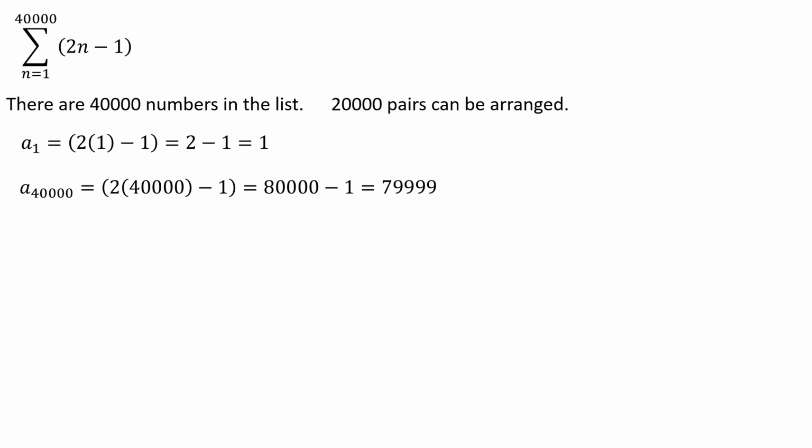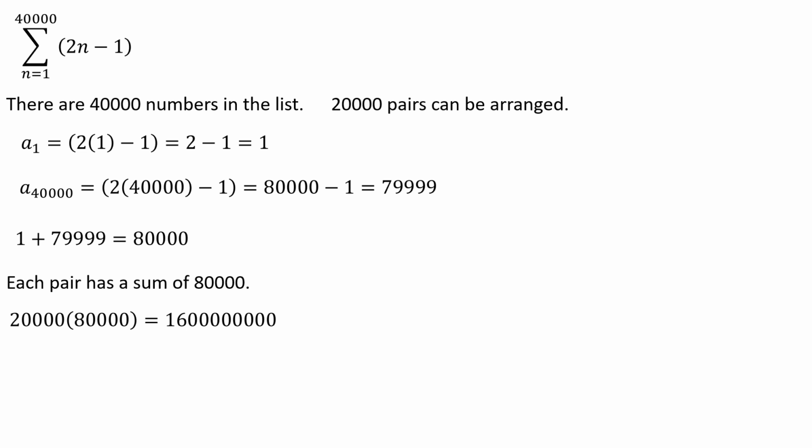So I know that each pair is going to add up to 80,000. All right. The first number plus the last number makes 80,000. So I know what each pair adds up to.